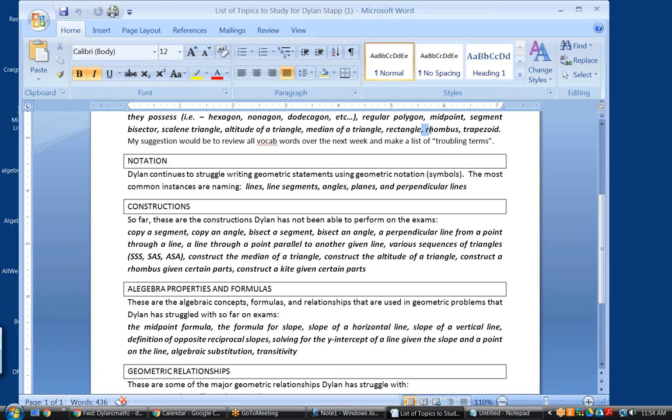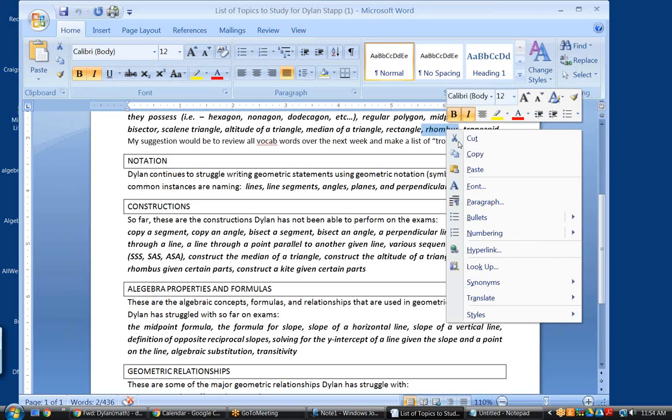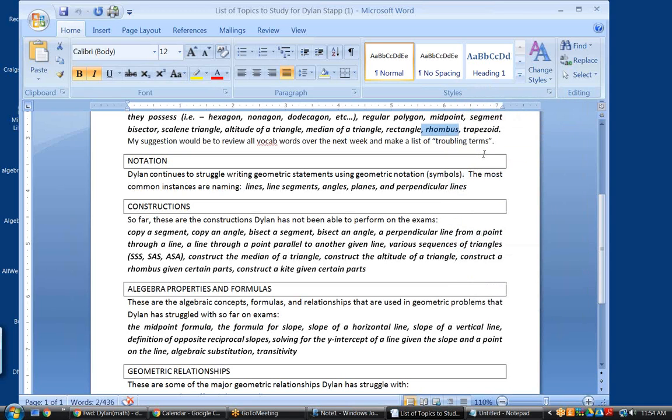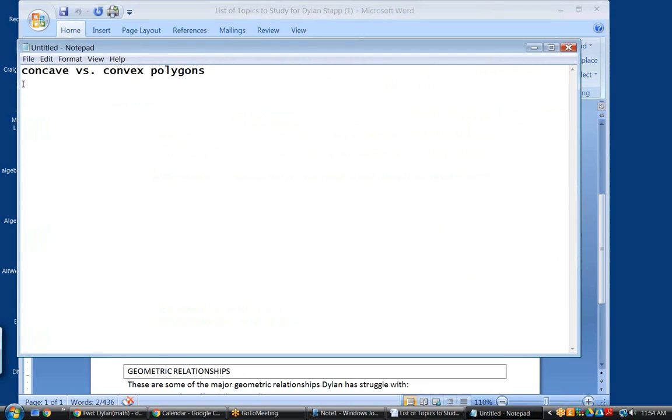That it adds up to 360 degrees. No, that's the number one thing of a quadrilateral. A rhombus, the number one thing is it has 4 equal sides. Okay. When I think rhombus, that's what I always think: 4 equal sides.